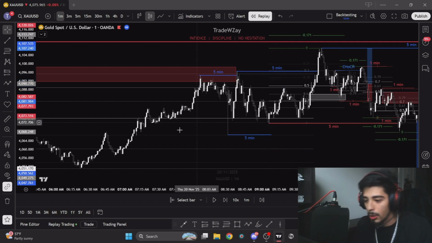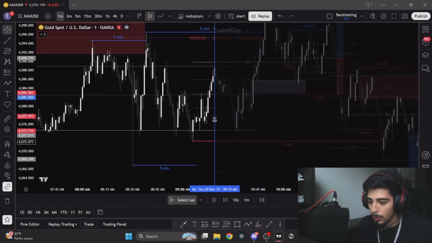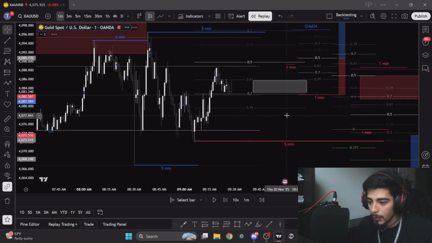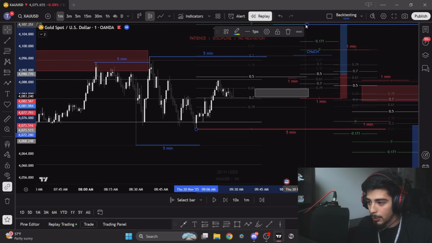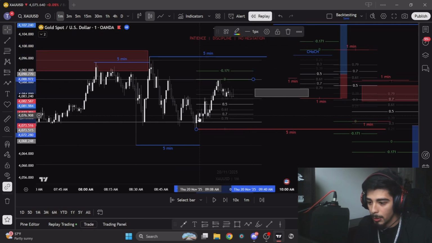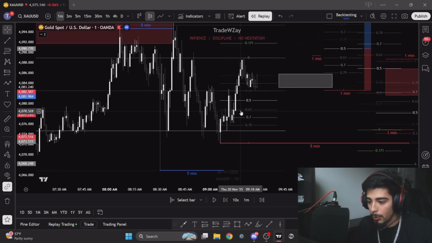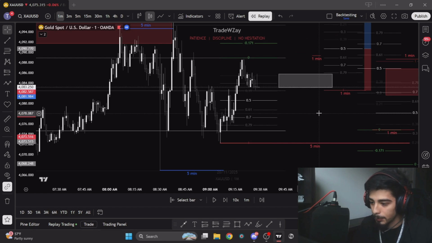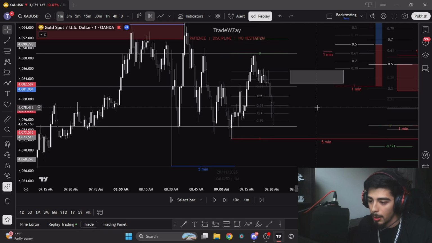What I would do now is draw a fib from the low to the high, and then just wait for it to fill like it did there. You can pop your entry at 0.61, 0.5, whatever.